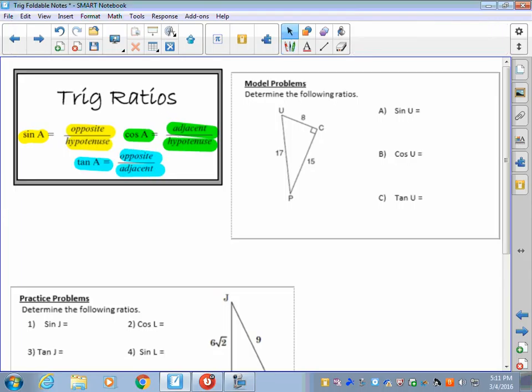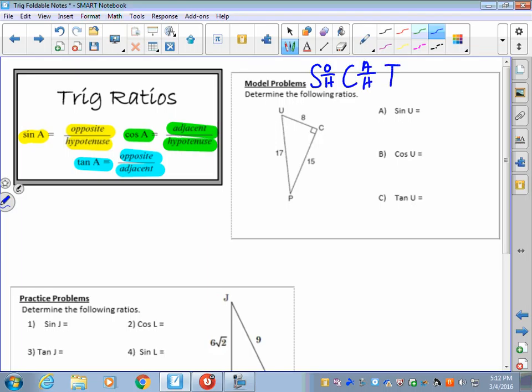Now, to help you recognize the relationships or the setup of the ratios, I like to use the capital S for sine, and then show O over H. So for Chief SOHCAHTOA, when I write it like this, I can see how to set up each ratio for each specific function.